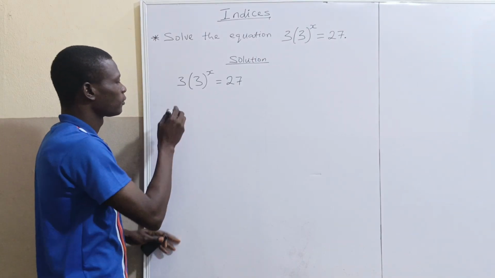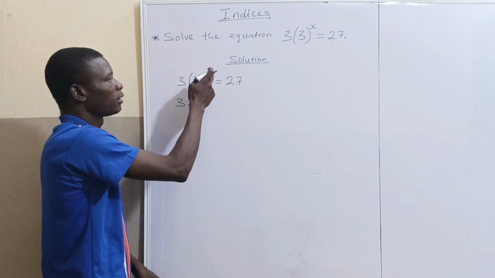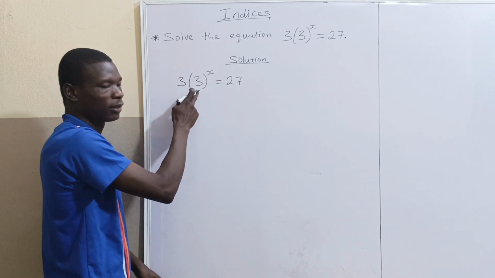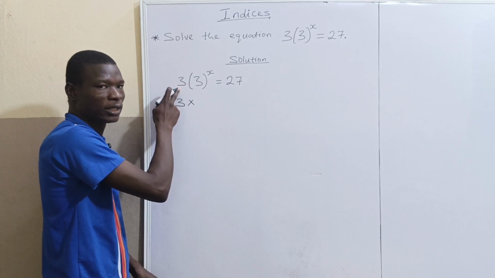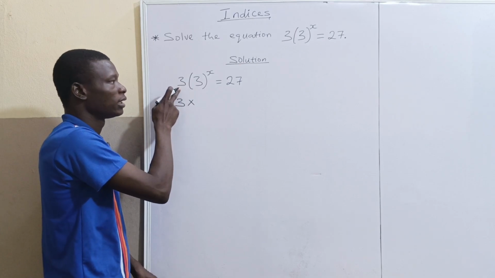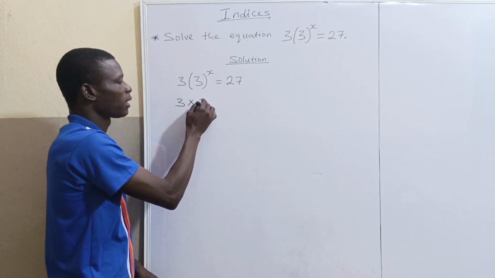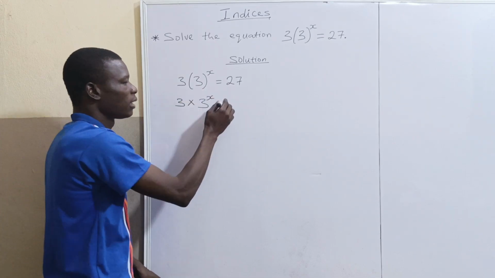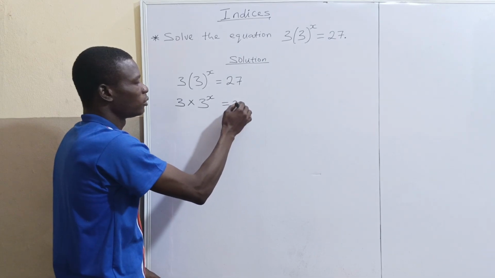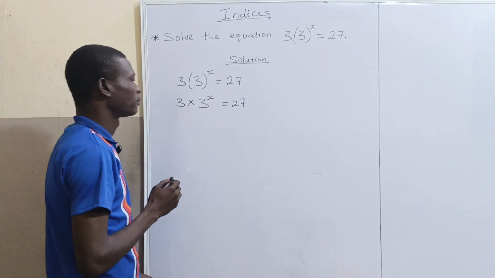And to do that, we'll be having 3 multiplied by this x affects only this 3 that is in this bracket. It does not affect this 3 outside this bracket. That is why this 3 here is not carrying x. So this becomes 3 multiplied by 3 raised to power x, which is what we have here. And that's equal to 27, the right hand side of the equal sign.